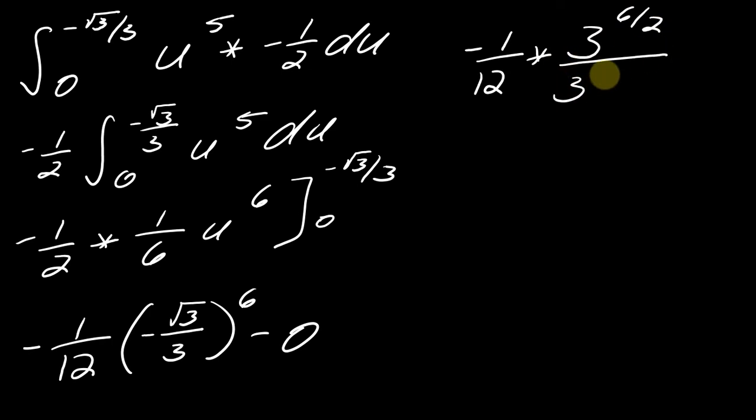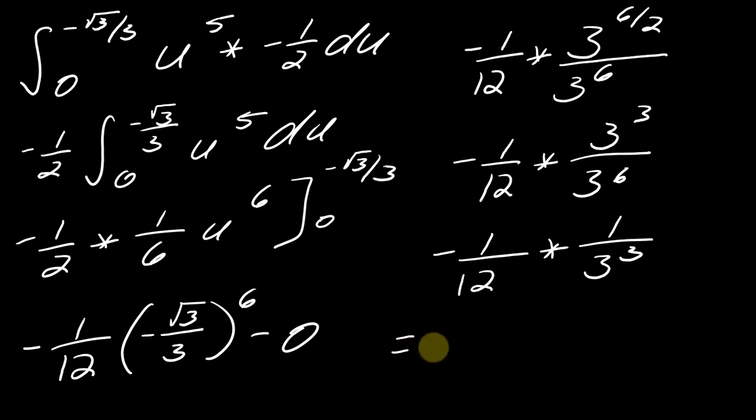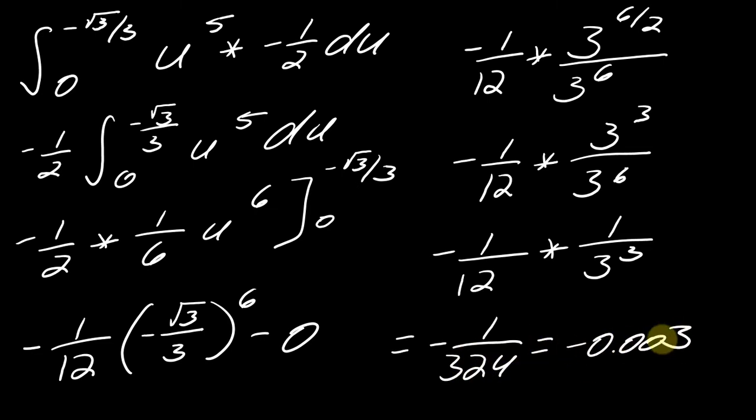And then this part here will be 3 to the 6. So let's simplify this. So this becomes negative 1/12 times 3 to the 3rd over 3 to the 6. So really what I'm looking at here is negative 1/12 times 1 over 3 to the 3rd. So this will equal negative 1 over 324, which as a decimal is 0.003. So there would be your final answer.